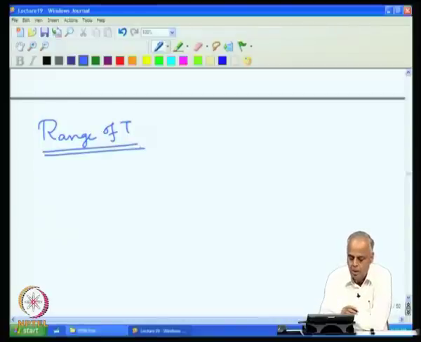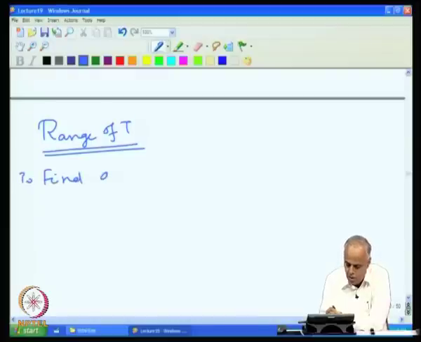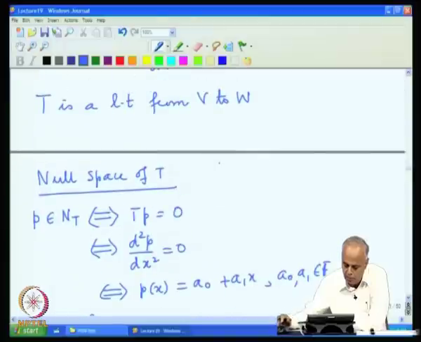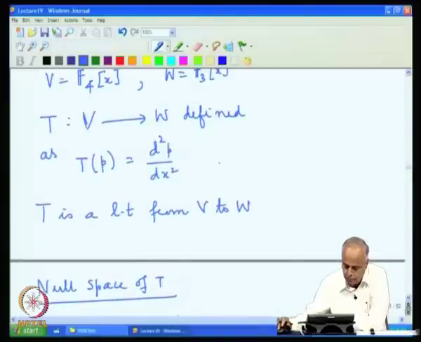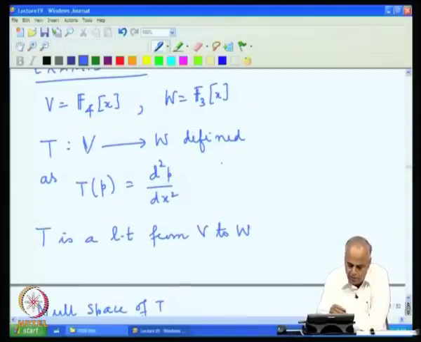The range of T, we want to find all polynomials P in the W space. Our W space in this case is F3x.